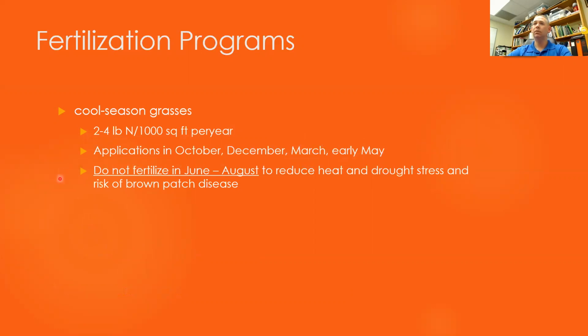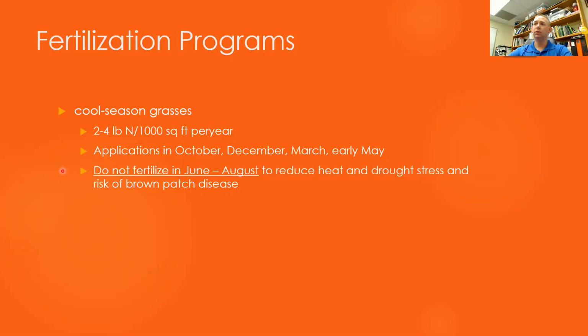And then we really don't want to apply a fertilizer to them again during the heat of the spring and summer because they're just not going to use it. They're extremely stressed. They're typically not an extremely drought tolerant variety.